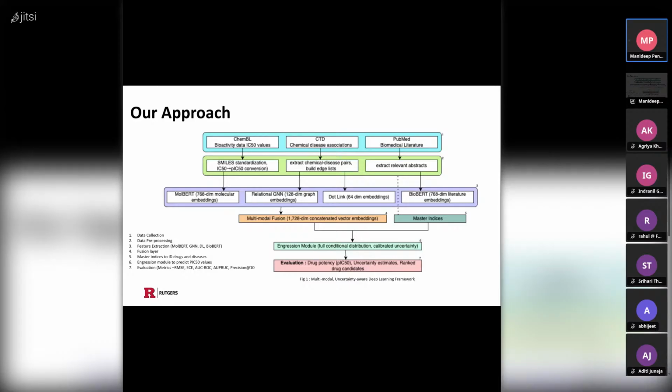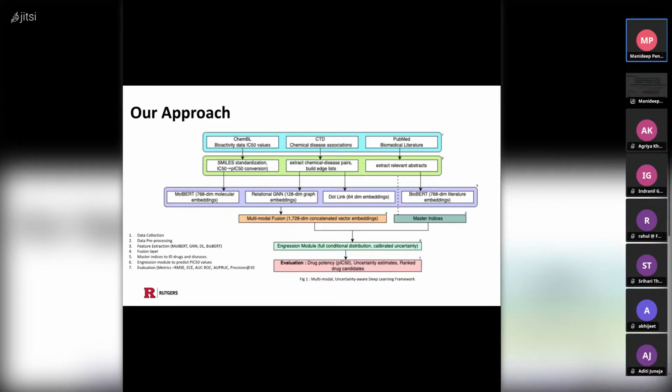For example, if we are talking about one particular disease from our master index, it will have all sorts of information. We will use different models like Molbert, which is a modified version of BERT. I'm sure you are familiar with it. We use graph neural networks, and we also use DotLink to generate different types of embeddings.